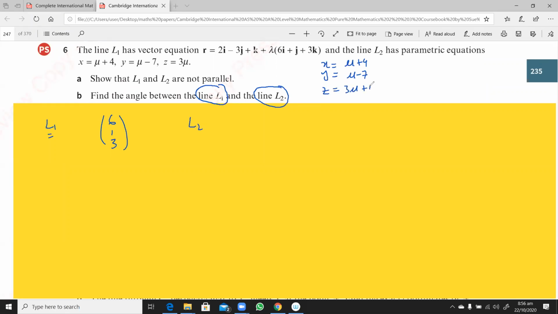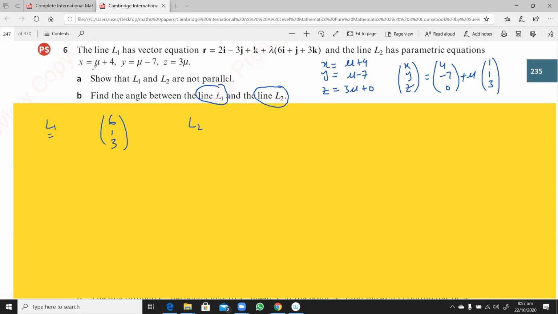Let me write a plus 0 over here. Now this can be written as x, y, z equal to 4, minus 7, 0, plus mu times 1, 1, 3. Do you get this?